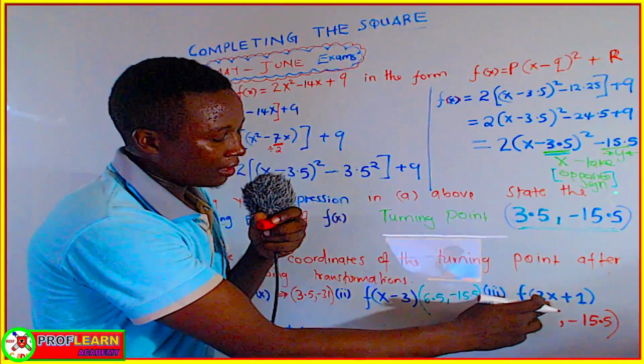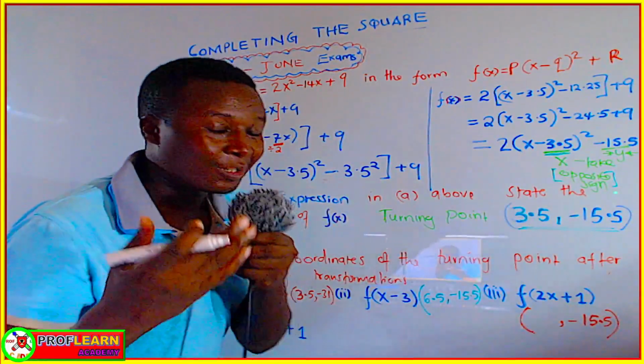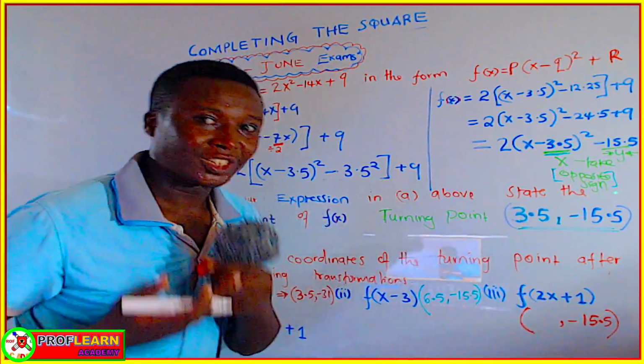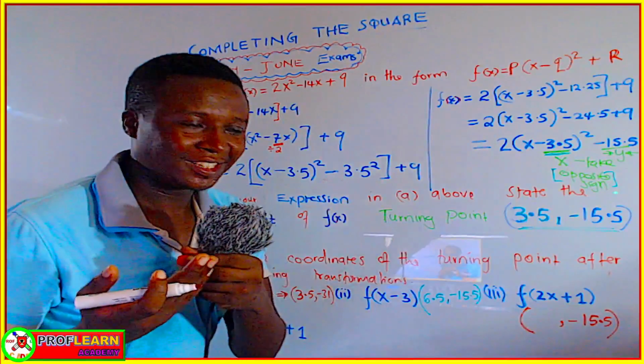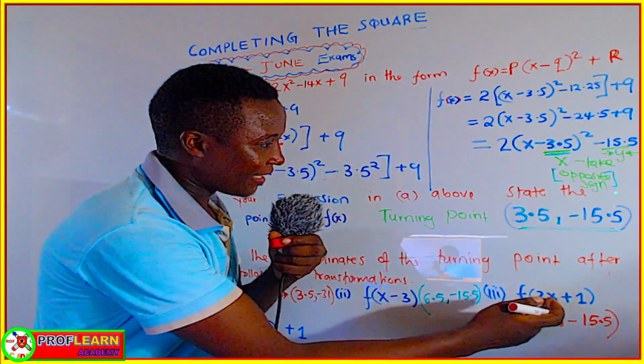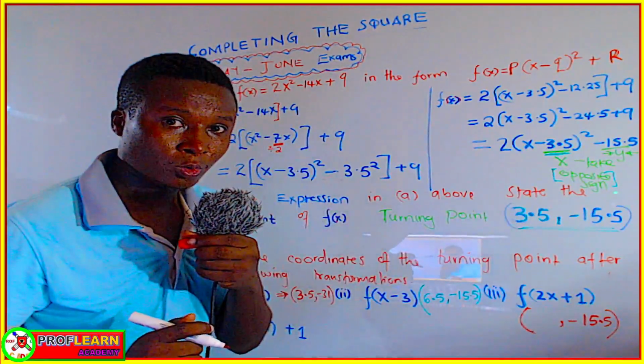Now, you see, this is 2x, 2 times x. We agreed that we are going to do the opposite of what the transformation is telling us when we're dealing with the x coordinate. So this is going to be the x coordinate divided by 2.